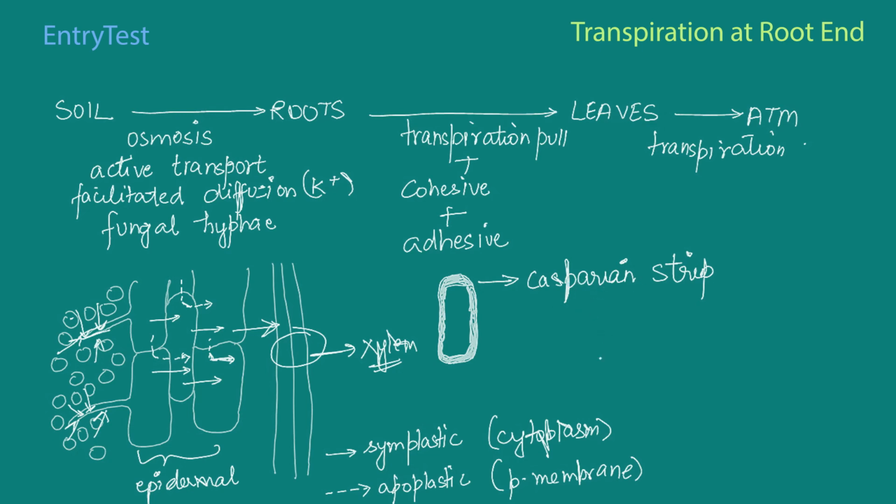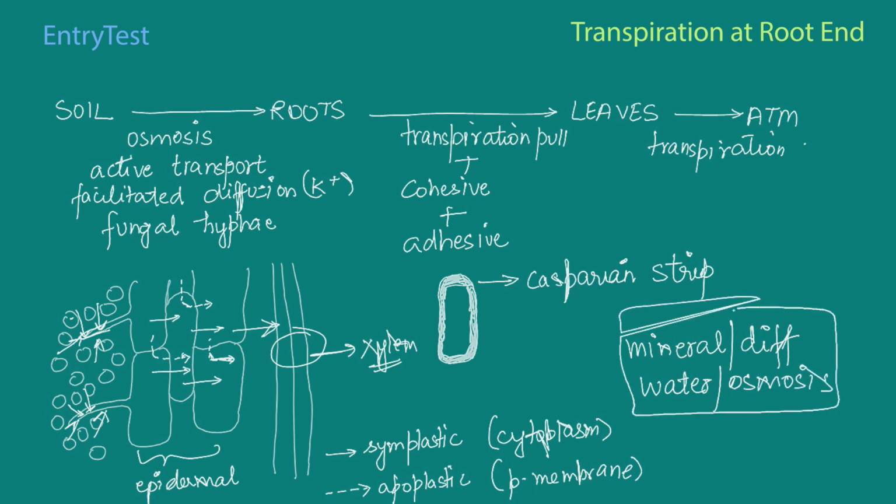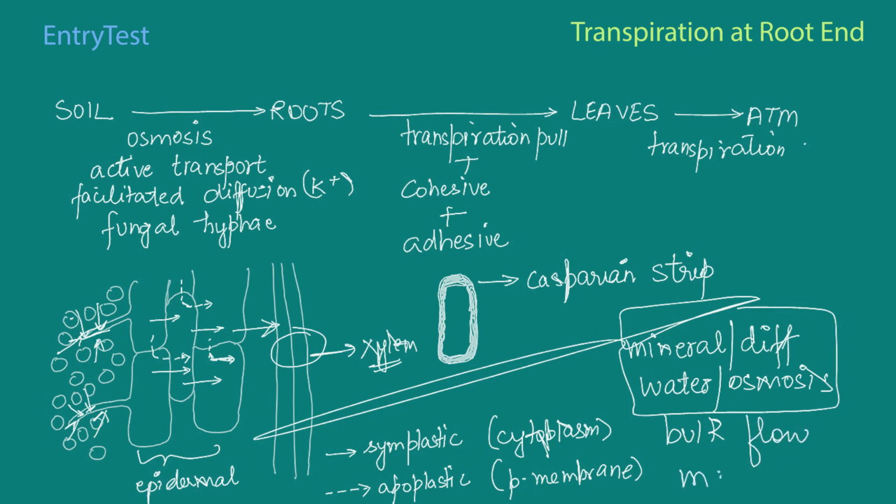Let me just write it down: minerals flow through diffusion, and water flows through osmosis, which is the most natural way of flow of these materials. This is known as a bulk flow or a mass flow. Let me write it down: bulk flow or mass flow.